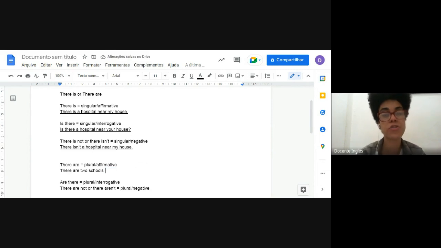There are 2 bars, not schools, 2 bars. Let's see. Close to, no, I already used near. Let's think about it. Behind my house. So there are 2 bars behind my house.